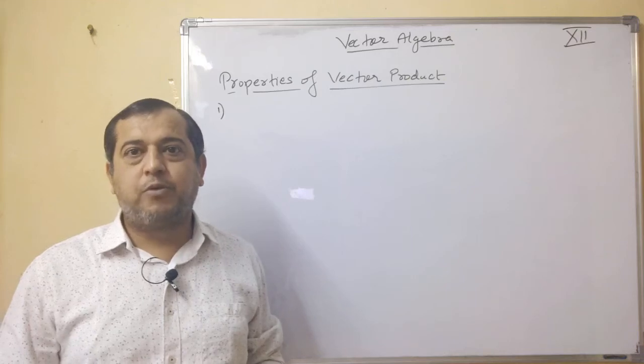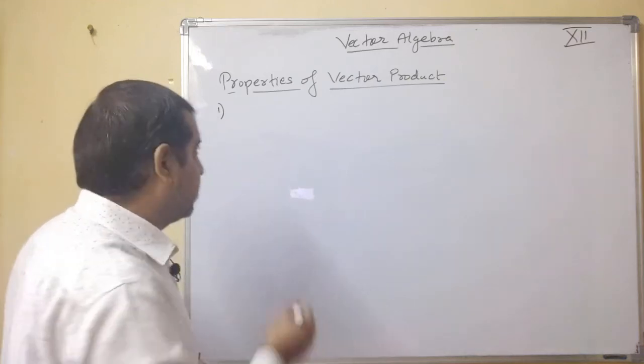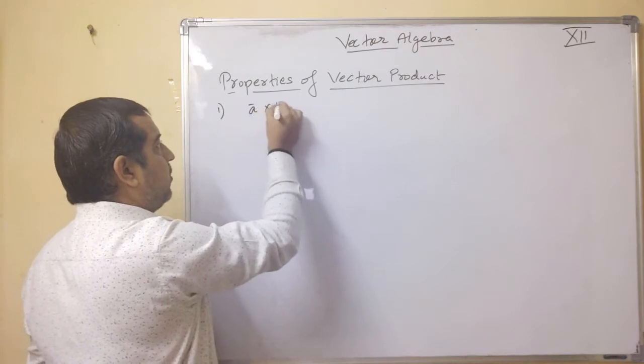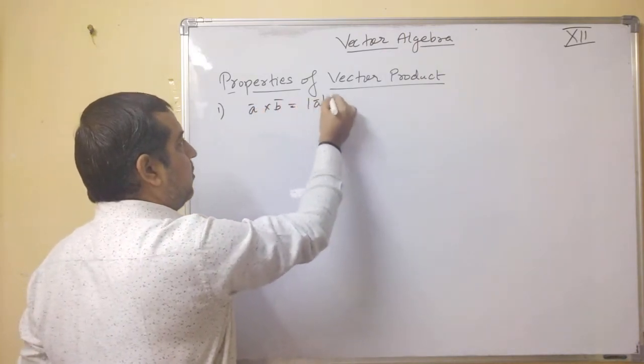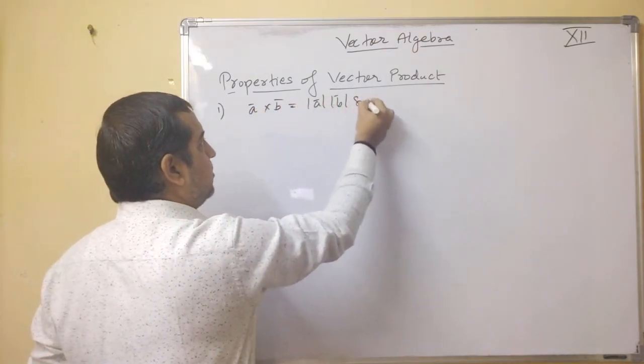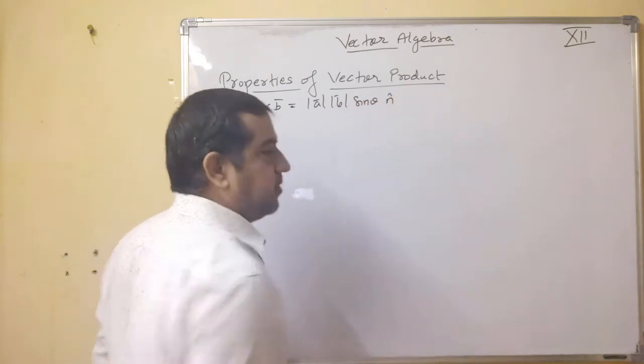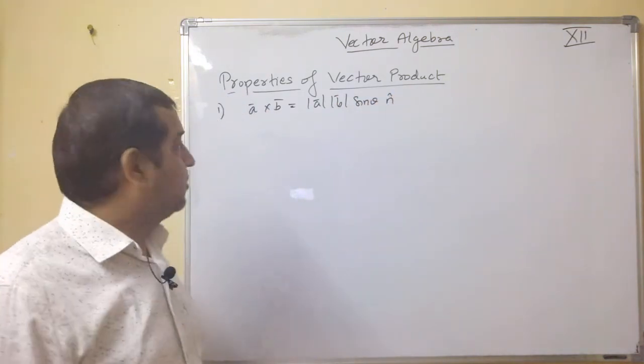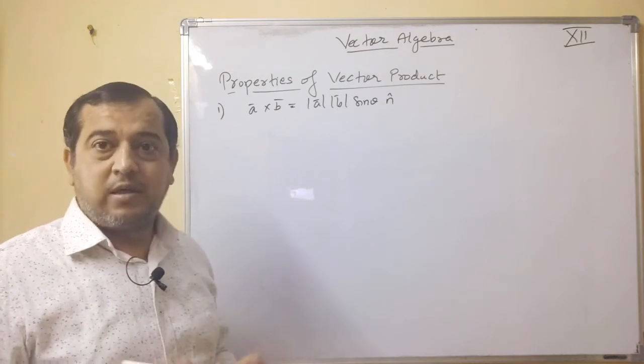Proceeding further, we come to properties of vector product. The first property, vector A cross vector B, you can say definition only, mod A mod B sin theta n cap. Okay, the first property as it is, mod A mod B sin theta n cap.